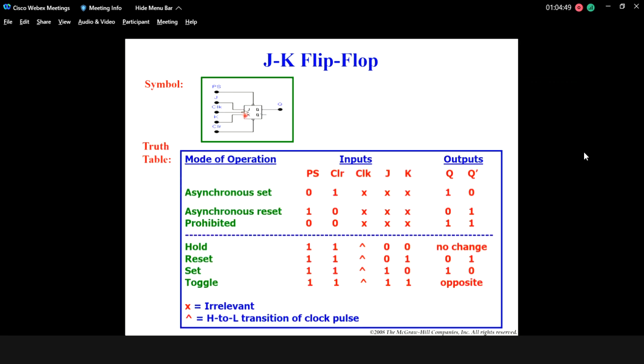That circle represents a high to low transition. It means your clock comes up, and when it goes down, the output will change at that time. If your clock is very long, let's say 1 second, but has not yet come down, the output will not change.